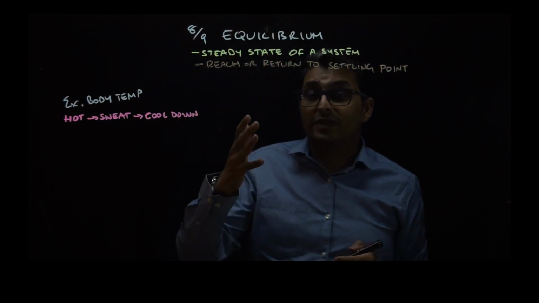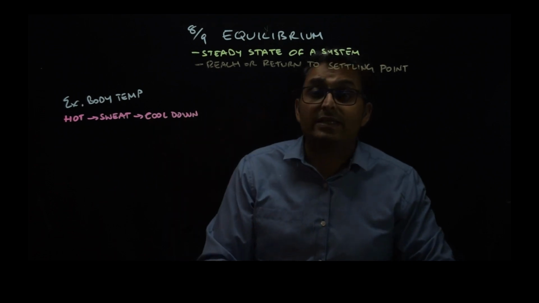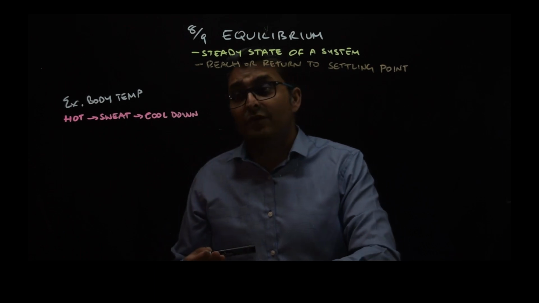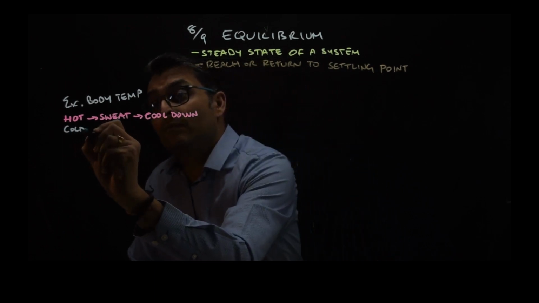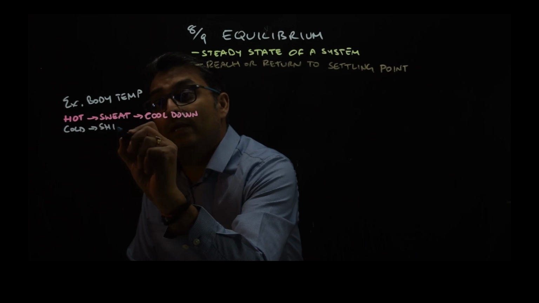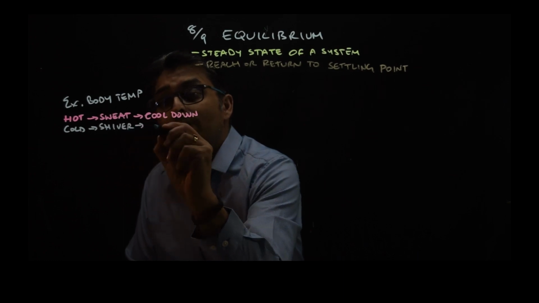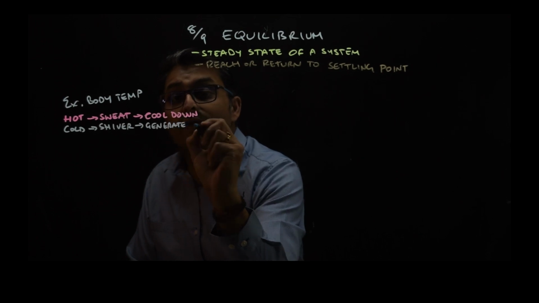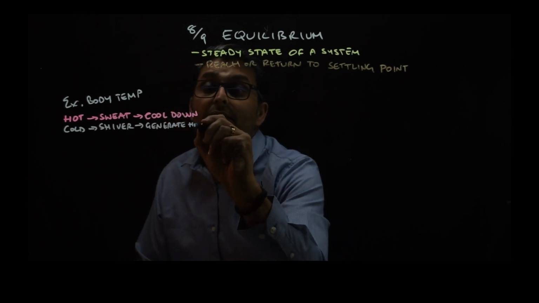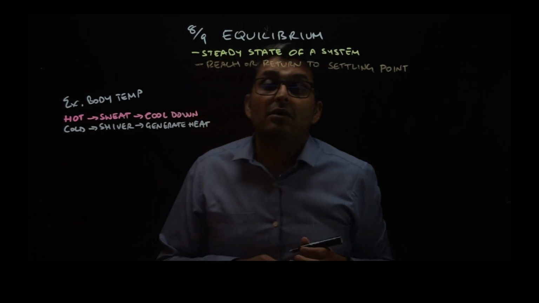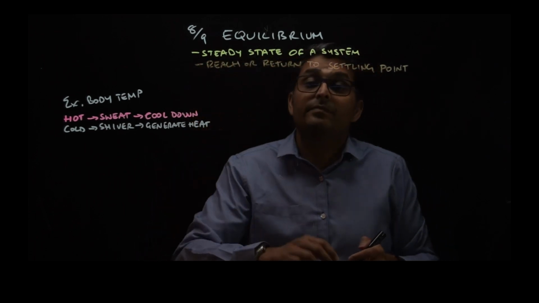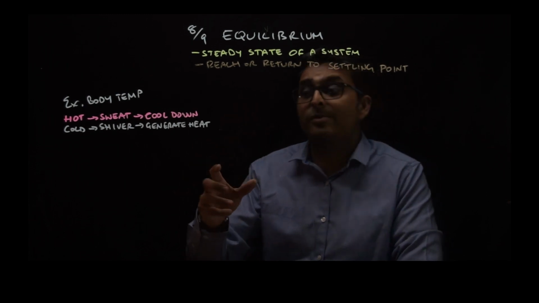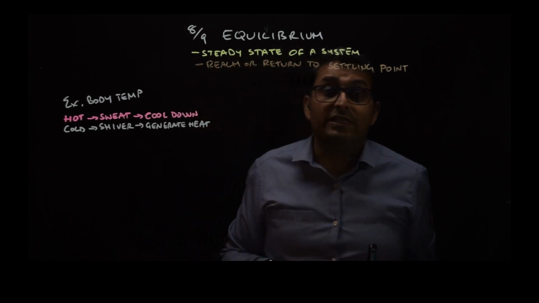This is an example of the human body system self-regulating to maintain an equilibrium. Similarly, if you are feeling cold, your body will shiver to generate heat and raise its body temperature, again to maintain equilibrium. And the equilibrium here is of the body temperature.